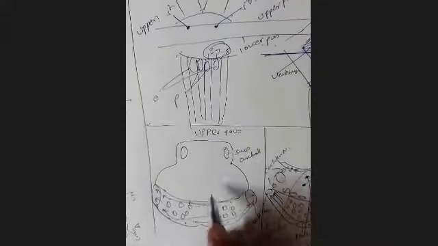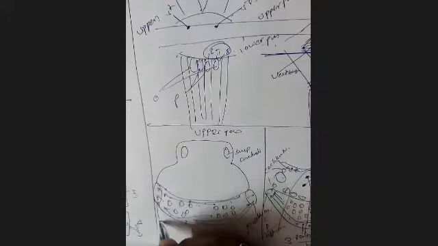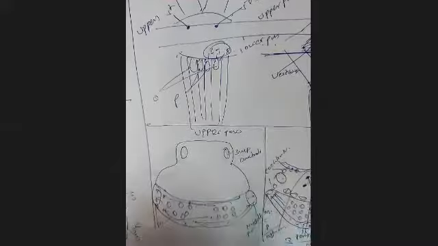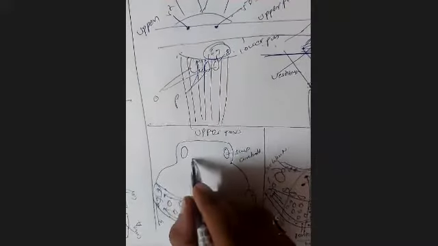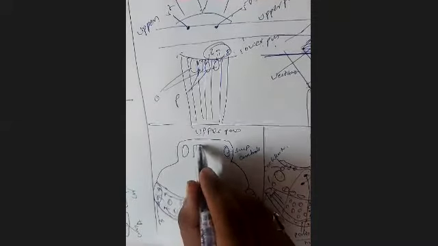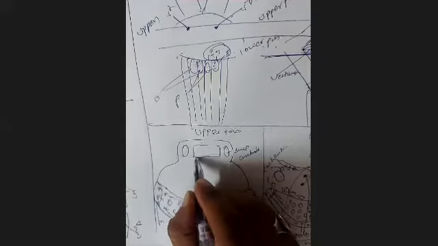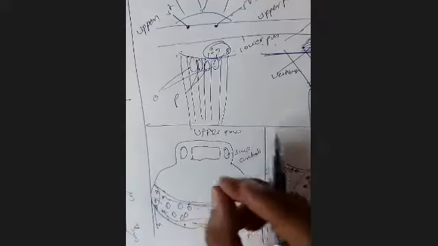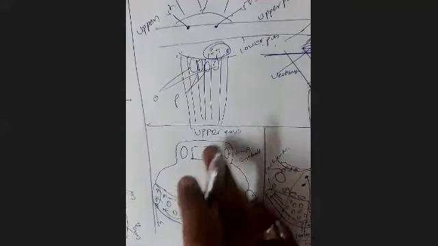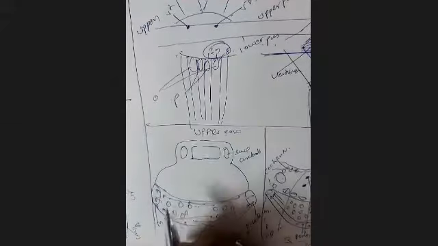In the upper pons, we see the superior peduncle and middle peduncle. Middle peduncle is of course almost part of the pons. And now the ventricle is turning into the aqueduct. As we go up, it will turn into the aqueduct in the midbrain. So this is the part of the ventricular cavity, which is now narrowing down.